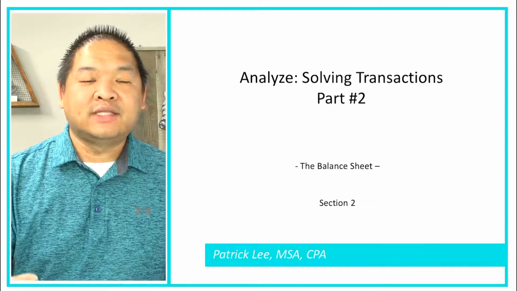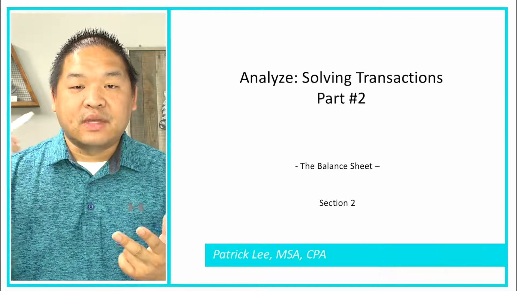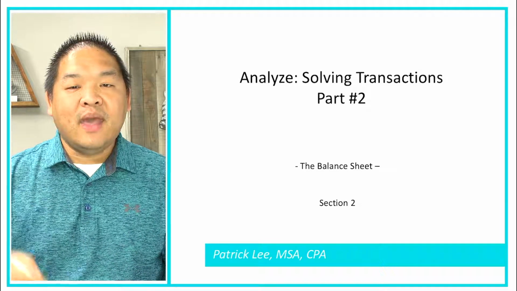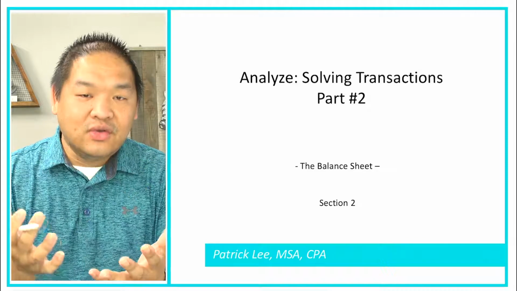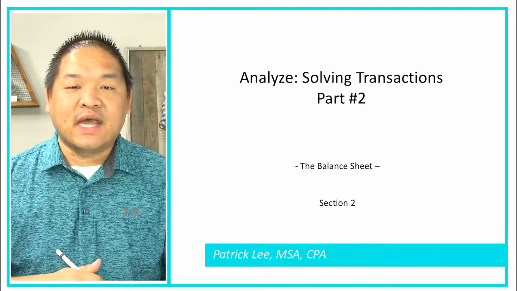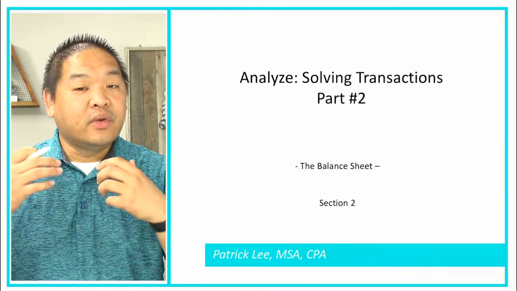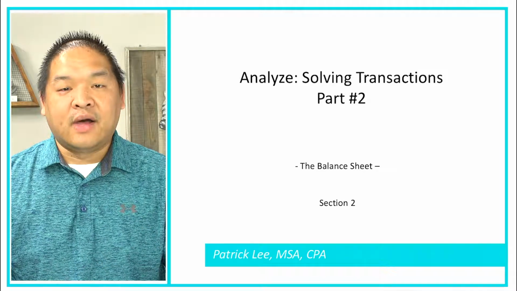If we analyze the transactions and we know we can come up with the account, and we know we can come up with its component, and then we know if it increases or decreases, it's going to make you able to do journal entries easier when we get to that section. So hope you enjoyed us walking through this example. And we will see you in the next lesson. We'll do a couple more examples associated with analyzing transactions.